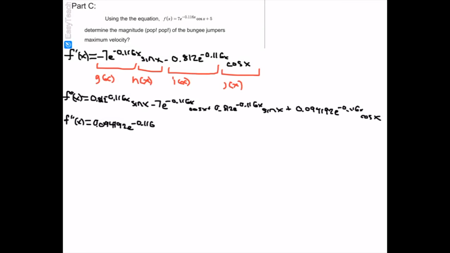So in this step here, you can see I've common factored out this value to simplify my equation so I can isolate for x.